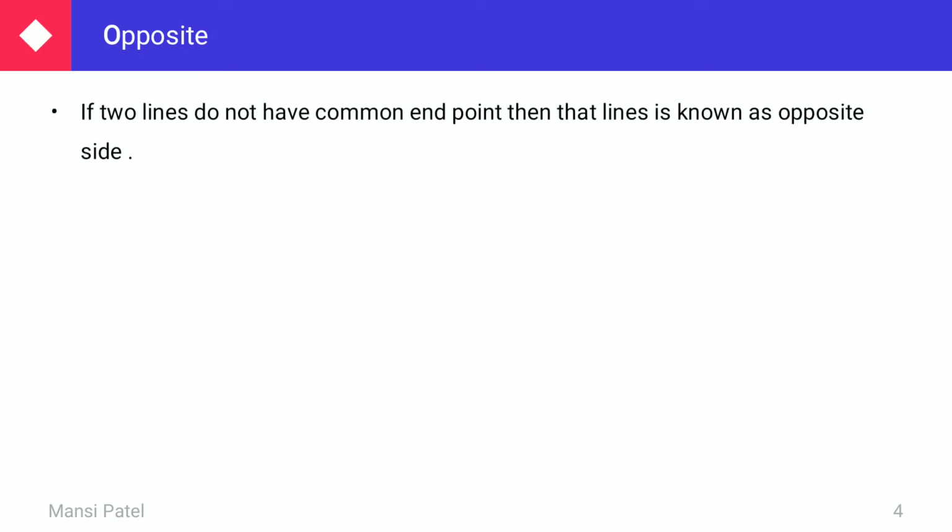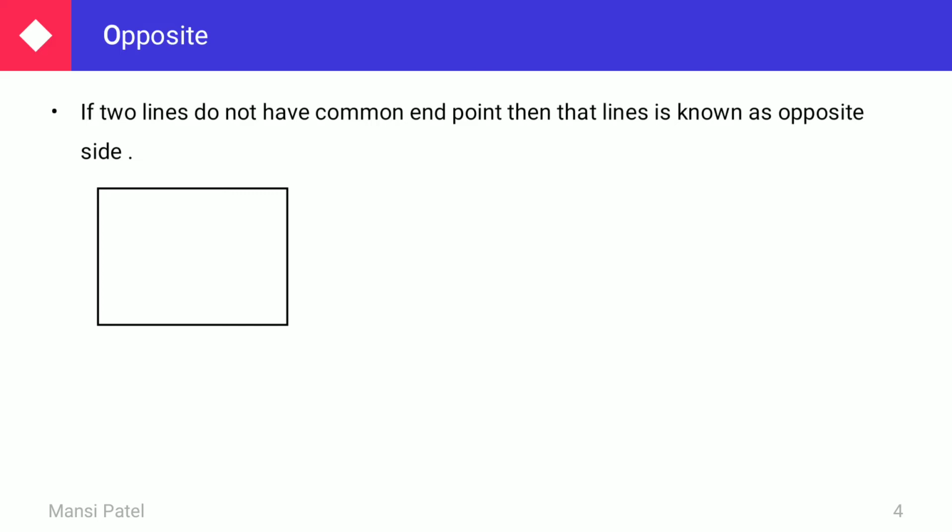Now let us see what is the meaning of opposite. If two lines do not have a common endpoint, then those lines are known as opposite sides. See here, this is the first line and this is the second line, this is the third and this is the fourth.